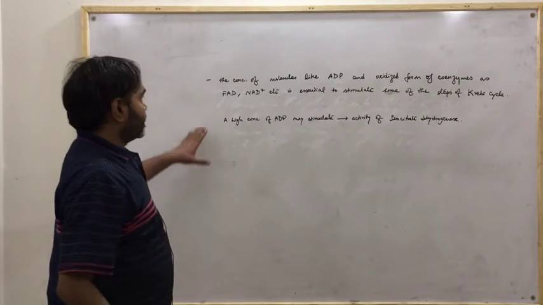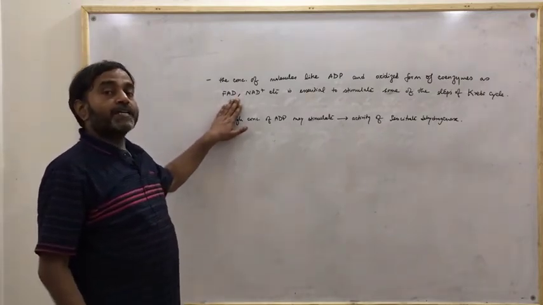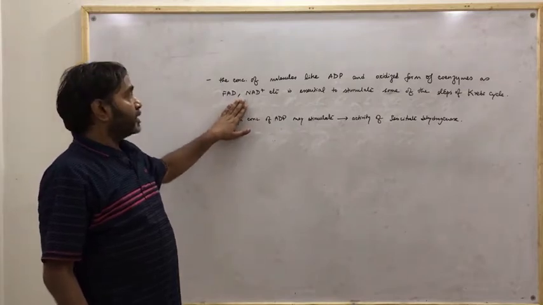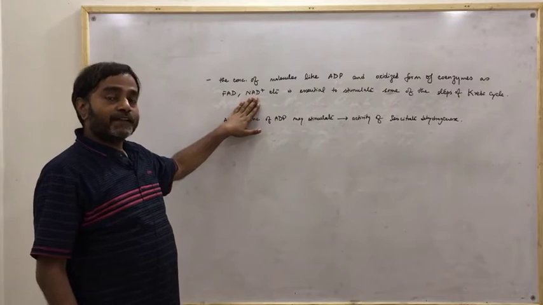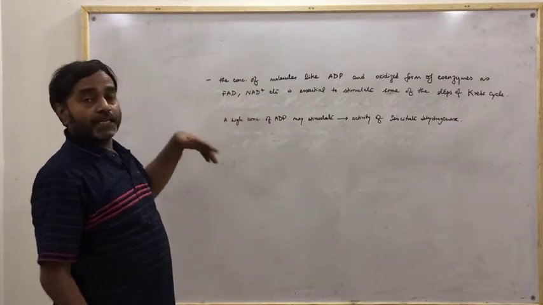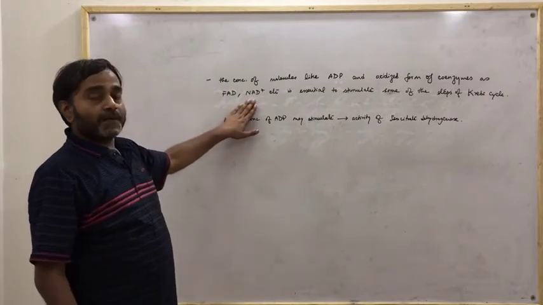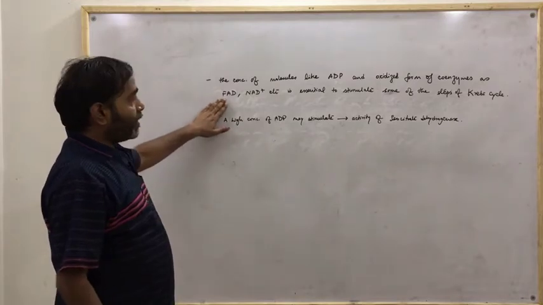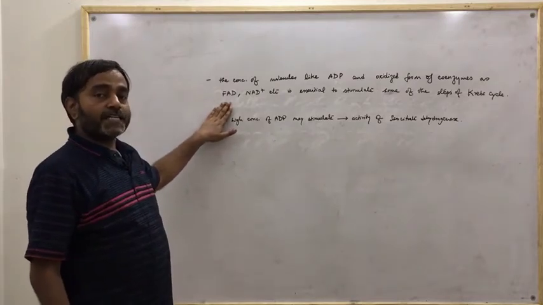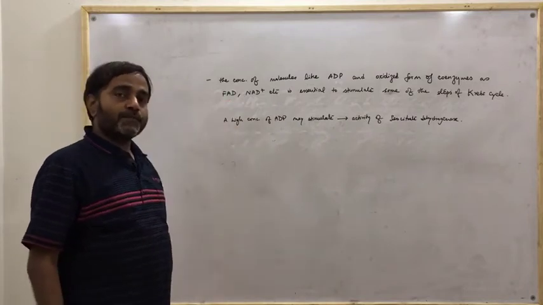Likewise, the oxidized form NAD plus will stimulate several enzymes, including alpha ketoglutarate dehydrogenase and other dehydrogenases, which are mostly promoted in their activity by the presence of this entity in high concentration. And FAD is also the oxidized form of FADH2, so their high concentration will stimulate the enzyme.